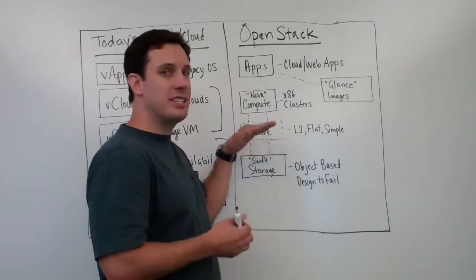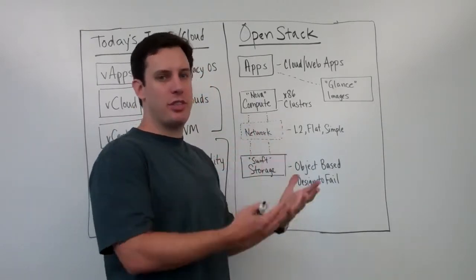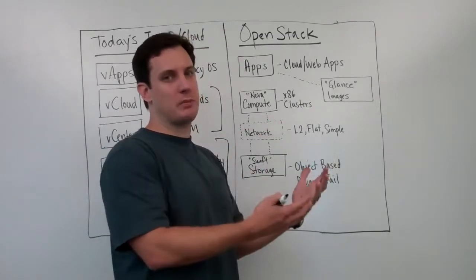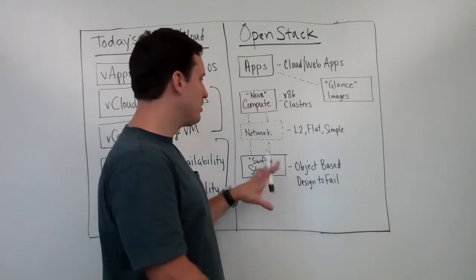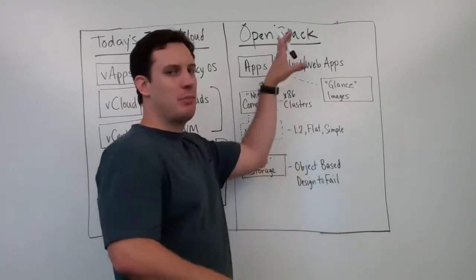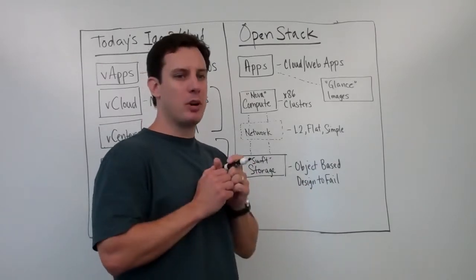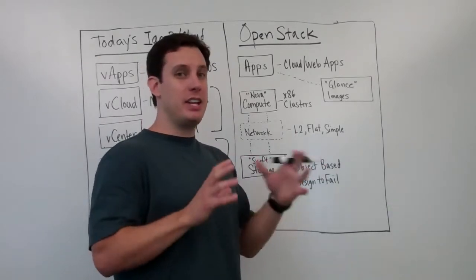Now, a couple other things to keep in mind. There's not necessarily today in the Cactus release, which is the third release, a strict definition of what the network looks like, and we're going to talk about that in future versions. But in essence, the expectation of OpenStack in these applications is the infrastructure is going to fail from time to time. It's not built for complete high availability, at least of any individual component.